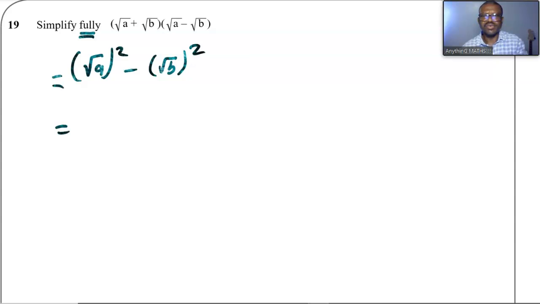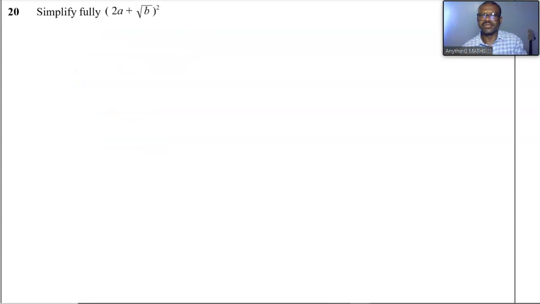Root a squared is a, and root b squared is b. We are done. If you want to expand, it would have been very, very tedious. So always spot for these differences of 2 squares. Save us time. We have simplified fully. So be careful when they put this word here, fully.